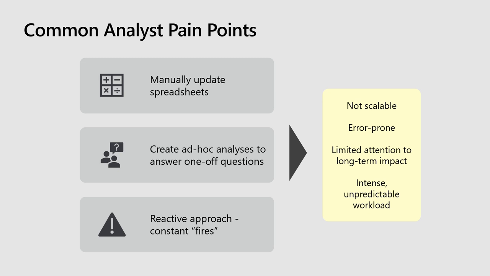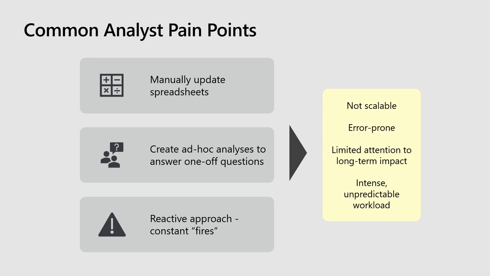And then this turns into a reactive approach where you're not really thinking ahead about the business and what's going to be coming, but more, how do I put out the fires that are happening all the time? And so this isn't scalable. This is error prone. It's limiting your attention to the short term, to the urgent and not necessarily the important part of your job. And unfortunately, it creates an intense and unpredictable workload that is not ideal for your work-life balance.